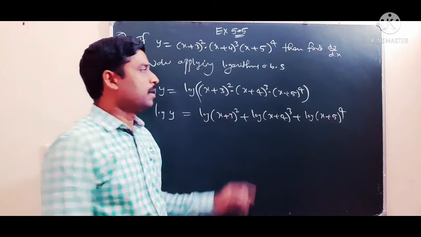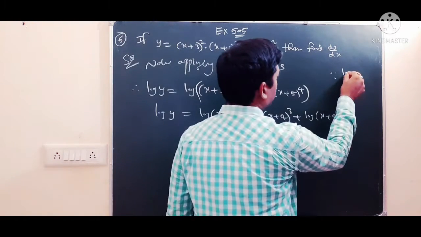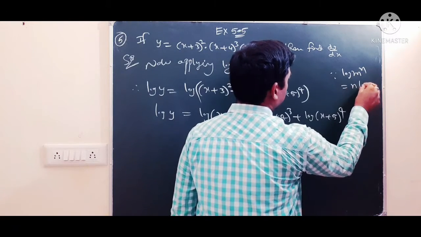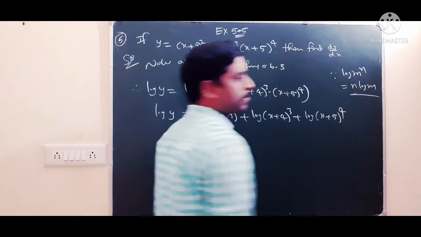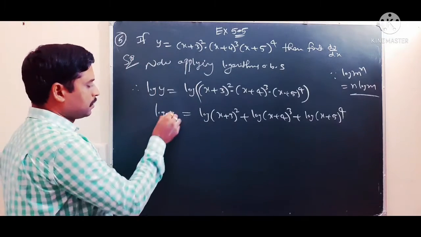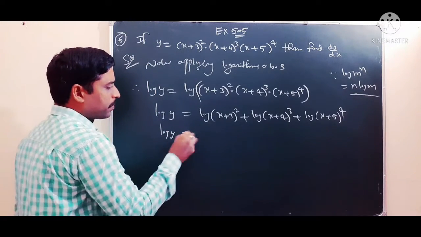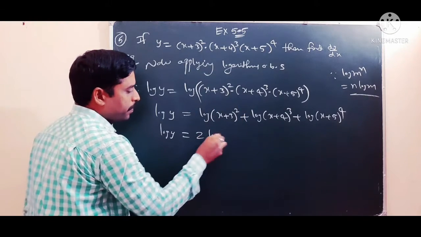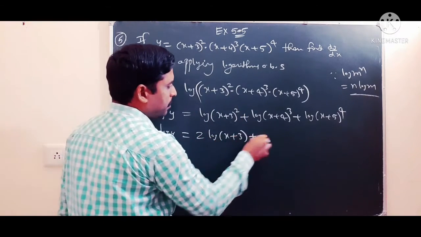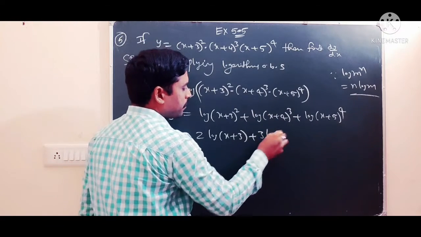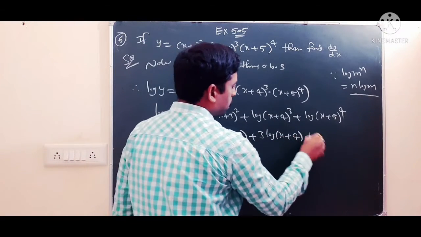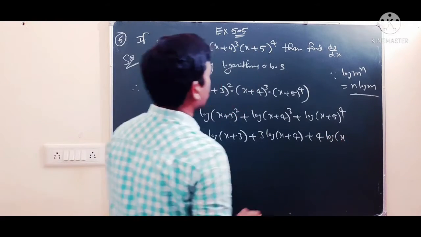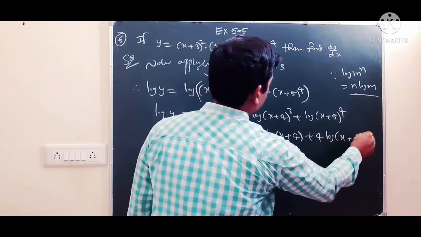We have the formula log m to the power n, which will be n into log m. So log y is equal to 2 log (x plus 3), plus 3 log (x plus 4), plus 4 log (x plus 5).